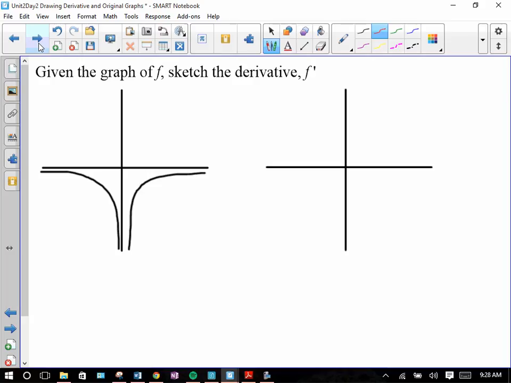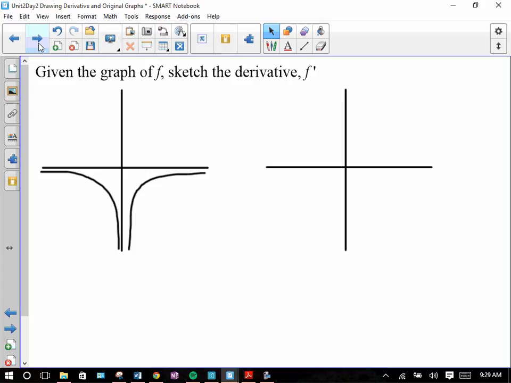Okay. So right here it says, given the graph of f, sketch the derivative of f. Alright? So what's the first thing that we should automatically recognize here? The vertical asymptote. Good. We're going to say that x equals 0.